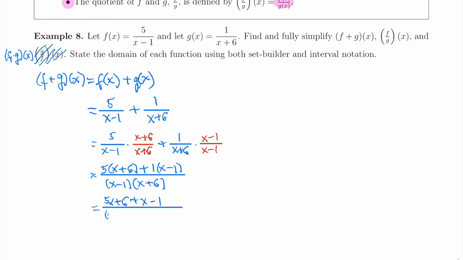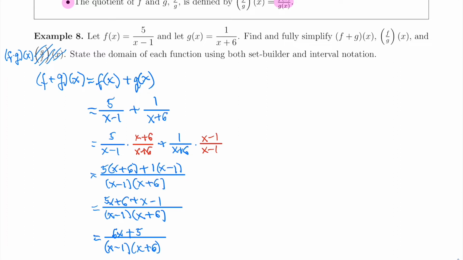While the denominator we usually just keep in factored form. That has several advantages that we will cover more towards the end of our class. And then the last step is to simplify the numerator to get 6x plus 5, and then we again have our denominator as is.